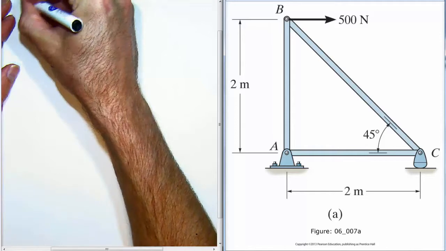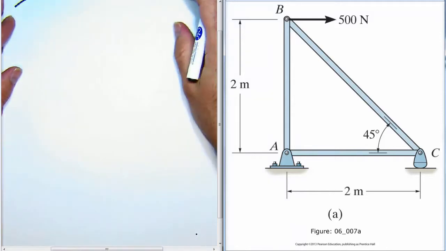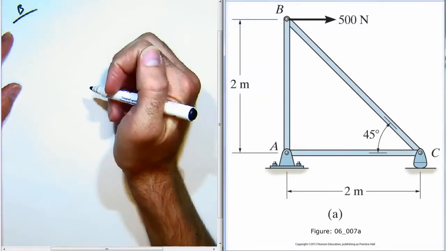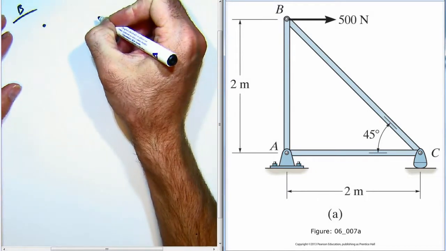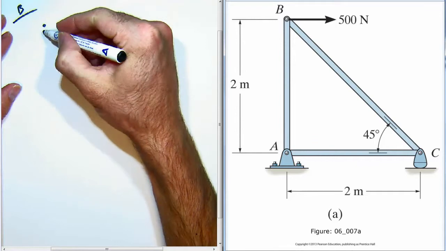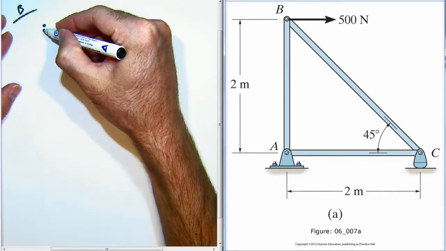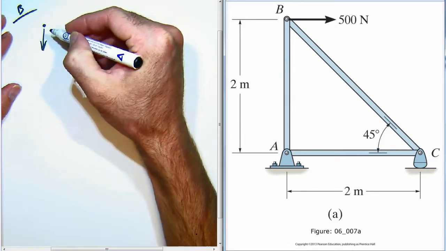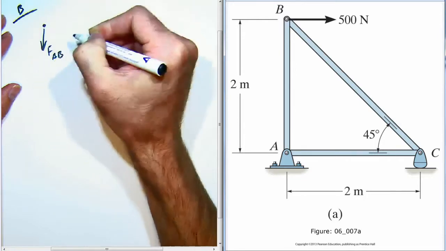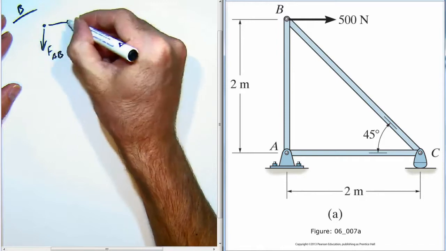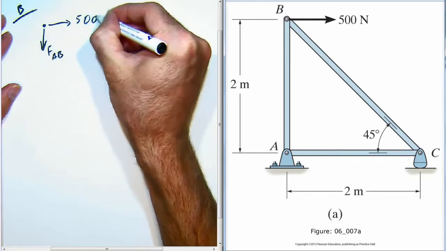So we'll look at B, and here's the joint B, and we can go ahead and assume tension for the members. So that's FAB. And then we have 500 newtons applied horizontally.